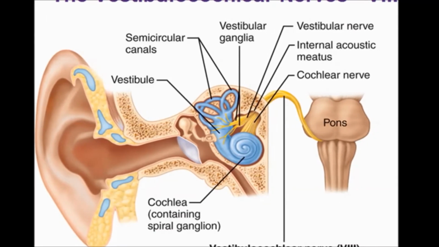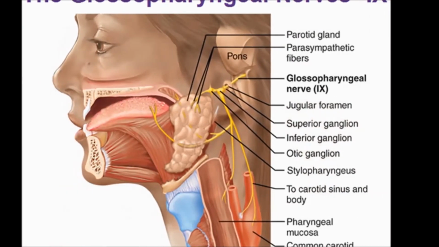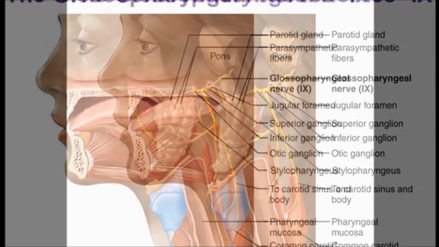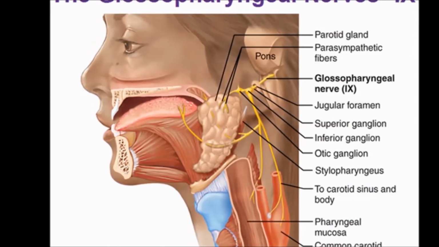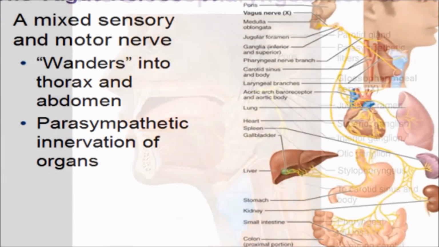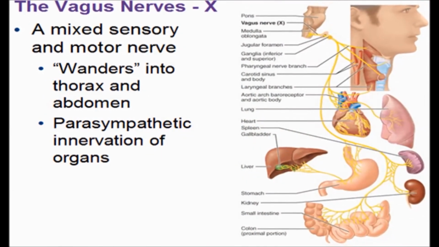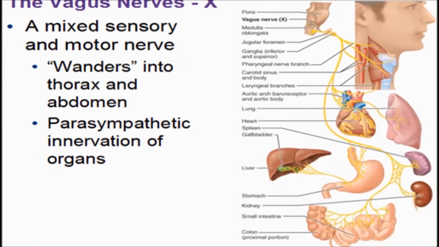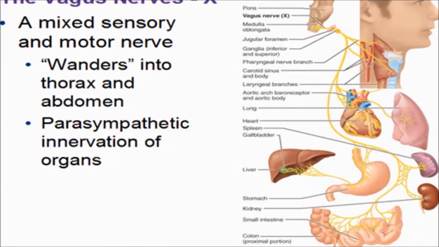The glossopharyngeal nerve innervates structures of the tongue, that is glosso, and pharynx, pharyngeal meaning to swallow, and provides somatic motor and taste respectively. The vagus nerve is a mixed sensory and motor nerve. It is a wanderer. It wanders into the thorax and abdomen, and it is in the parasympathetic division.